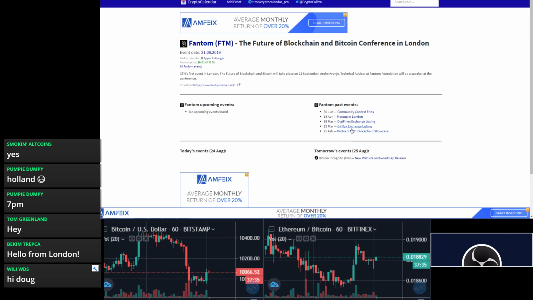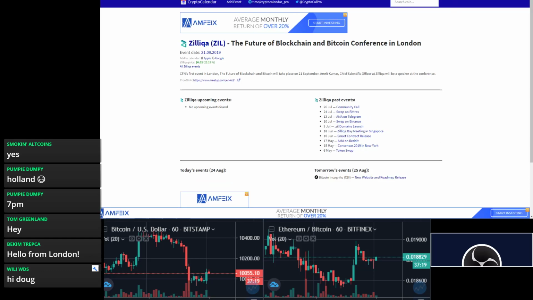Phantom, new stuff, the first listings for trading. Community contest. And now it's listed on Binance. So the 21st of September is going to be interesting. We already have Phantom written down. I'm going to put Zilla down, and TRX. 21st of September for Zilla.